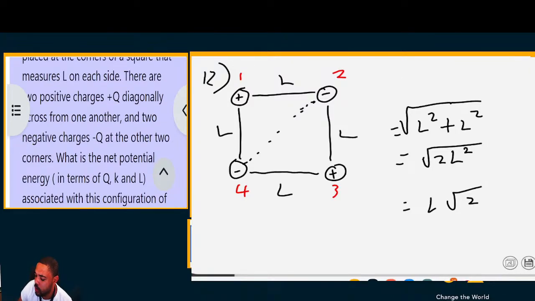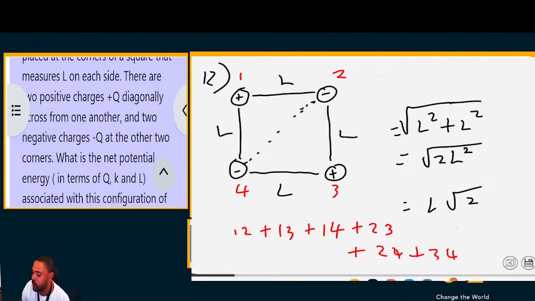So there's 1 and 2, plus 1 and 3, 1 and 4, 2 and 3, 2 and 4, and then 3 and 4. You can switch them around, but each one of these is a unique pairing of charges.